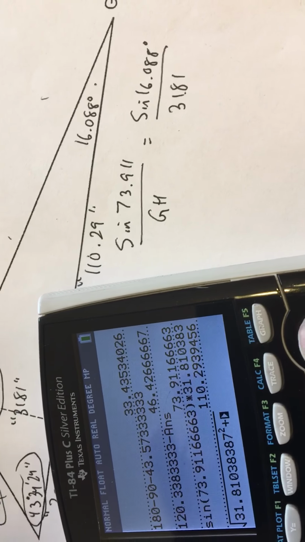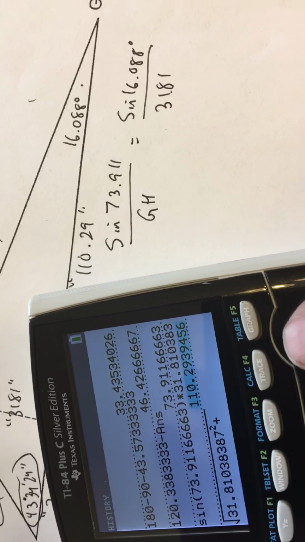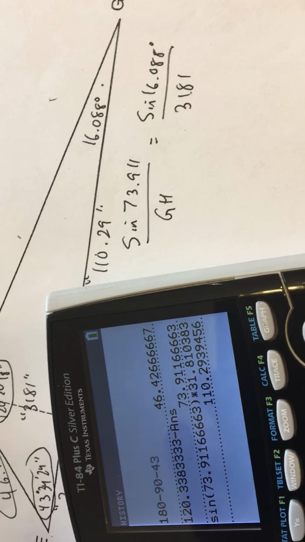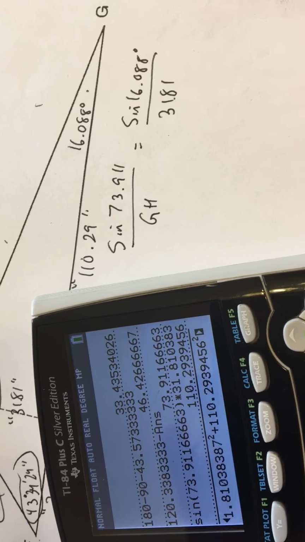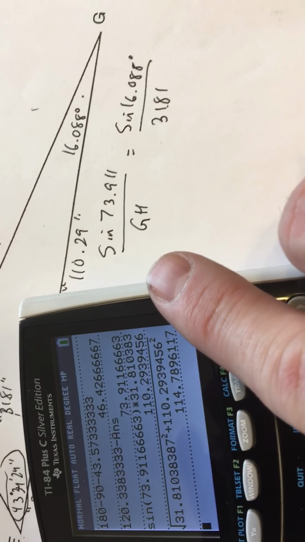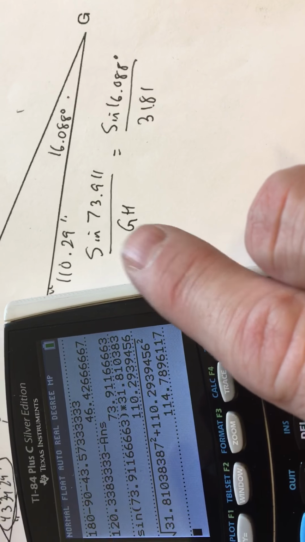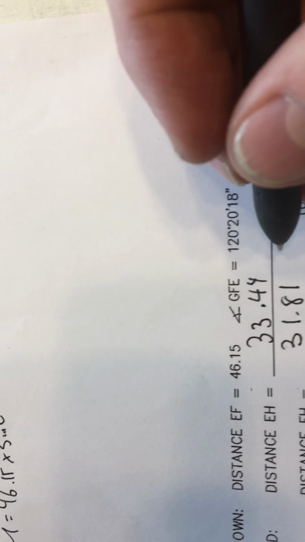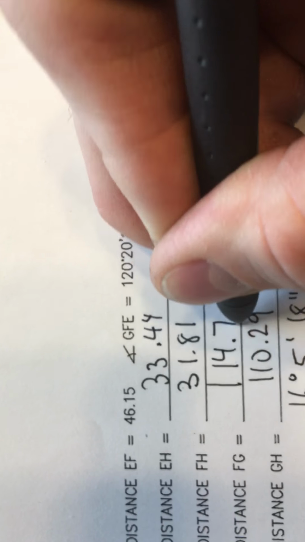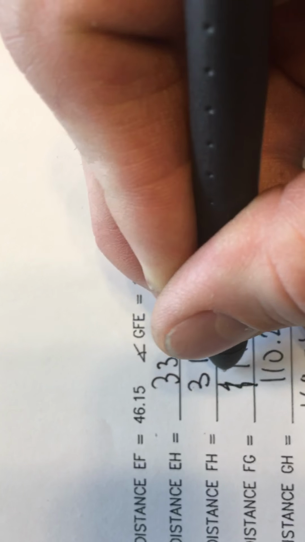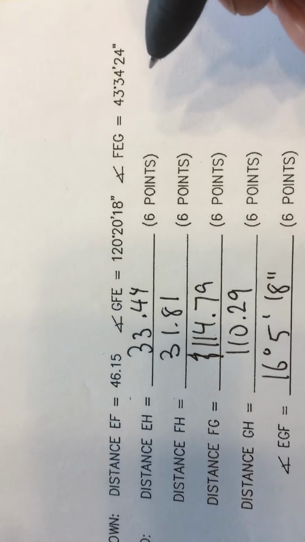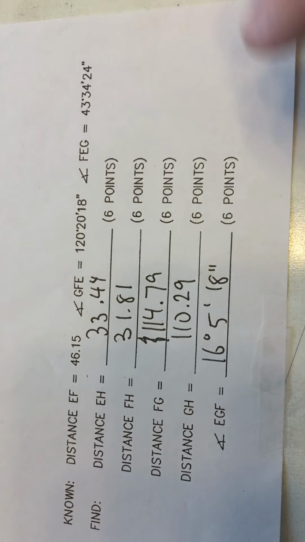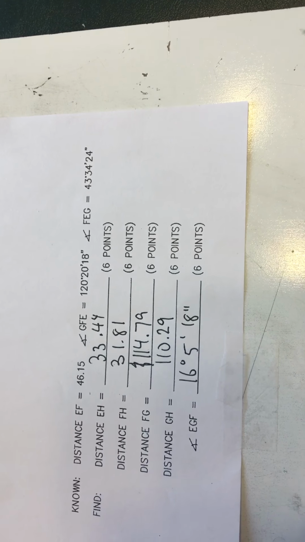Squared plus this 110.29, which is brand new, squared, enter, 114.79. Let's make that look like it's together. 114.79, and these are all accurate to the nearest whatever they asked for.